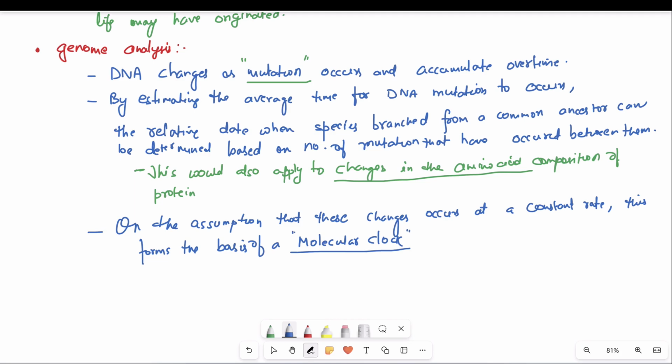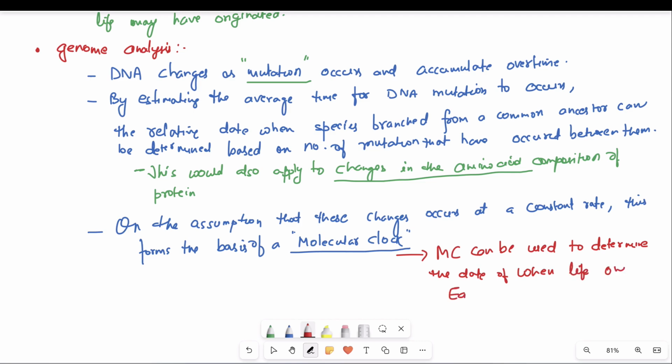So, the molecular clock is used to determine the date of when life on Earth originated. Right? So, you can say here that the molecular clock (MC) can be used to determine the date of when life on Earth originated.